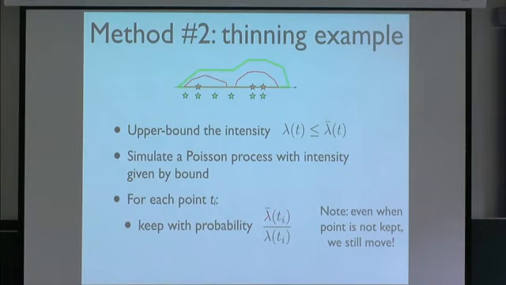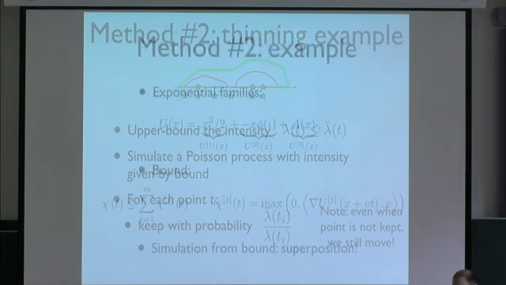Okay? What's interesting here is that even if the point is rejected, instead of not moving, we move at least as far as that rejected point. So in this sense, even using these tricks, we're still in that rejection-free context where each piece of computation brings a different sample.